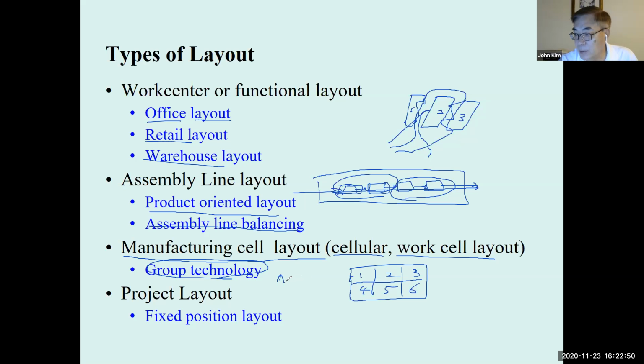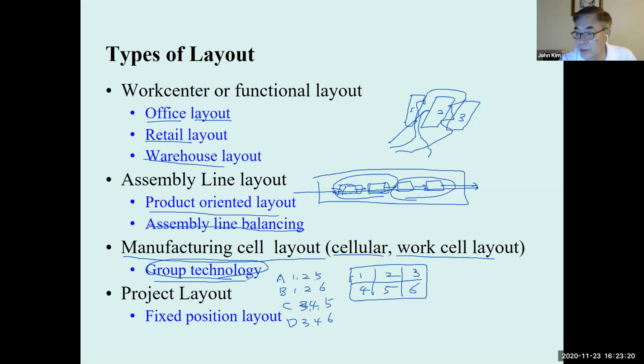Type A needs 1 and 2, maybe 5. Type B needs 1, 2, 6. Type C needs 3, 4, and 5. Type D needs 3, 4, 6.